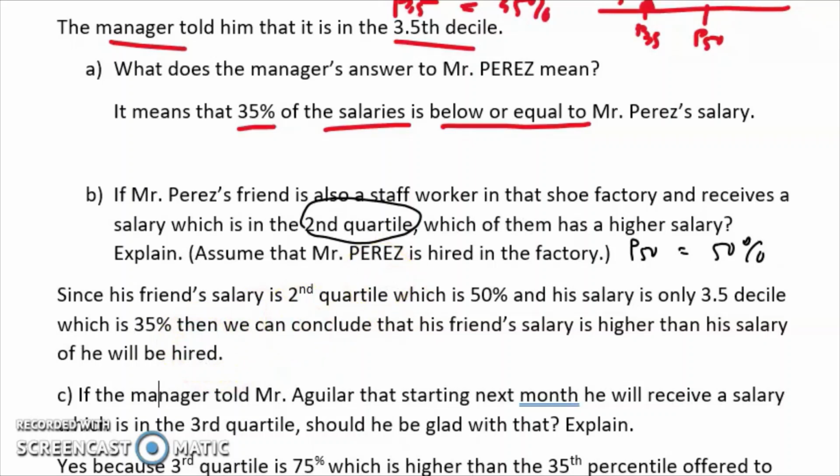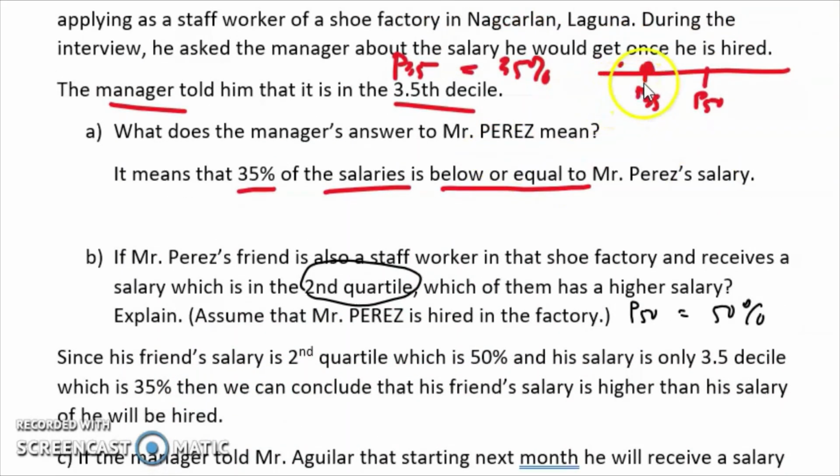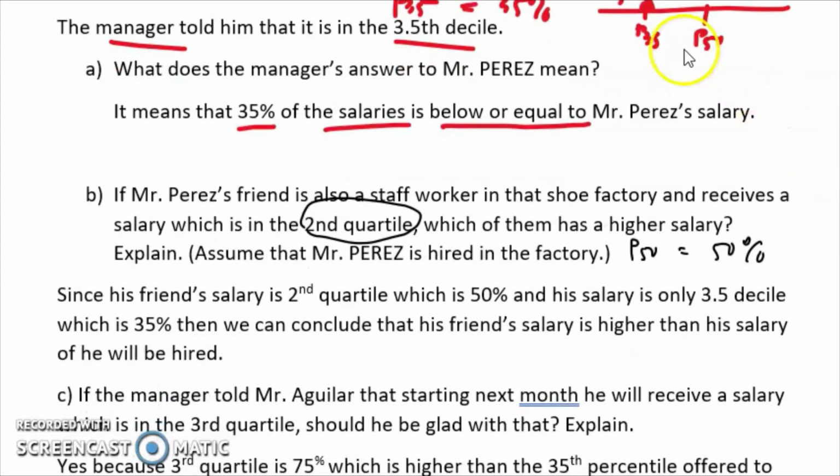O, kung i-compare nga natin dito, sa kanya, ang mas mababa or equal sa kanya ay 35% lang. While in P50, which is his friend's salary, 50%. So, ibig sabihin, mas malaki si P50. Then, we can conclude that his friend's salary is higher than his salary if he will be hired.